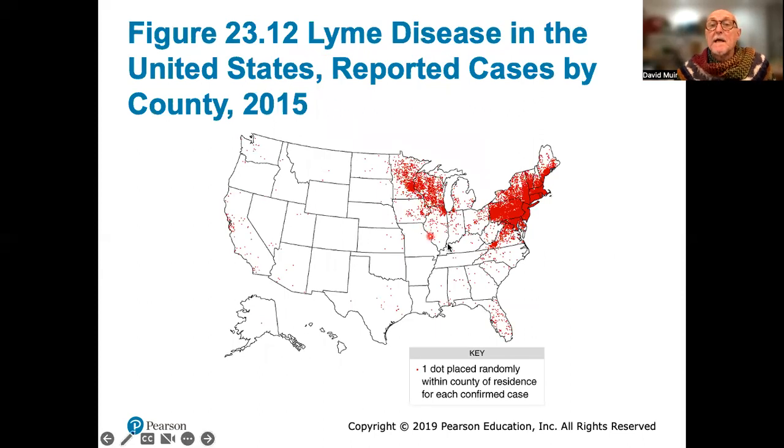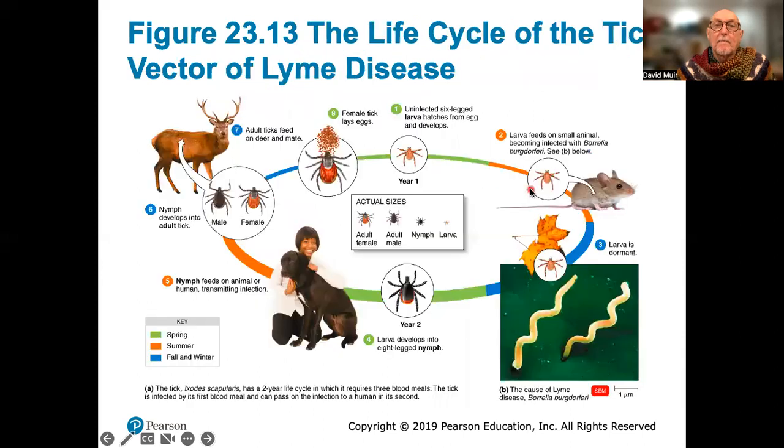First of all, here's where it's mostly concentrated, up here in the northeast, and especially along the coast here and in the mountains just inland of there. Here it has a very, very complex series of hosts that it moves through.